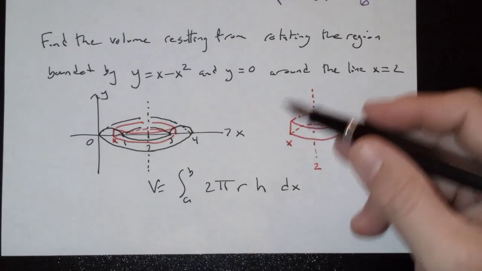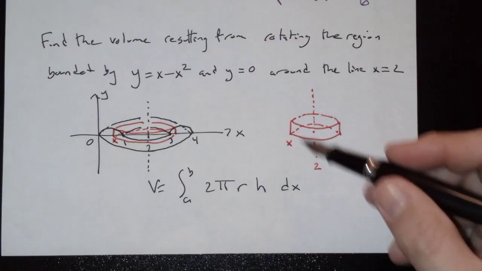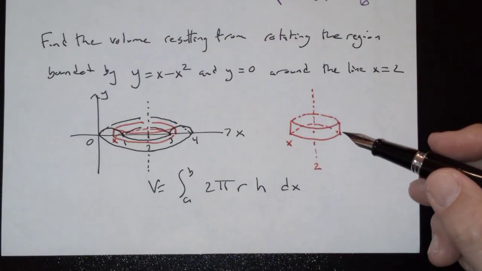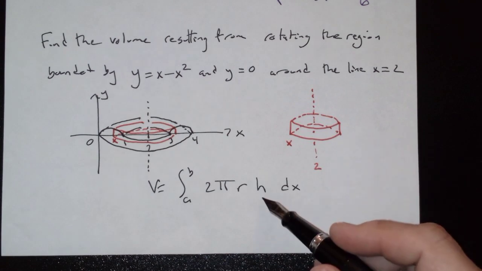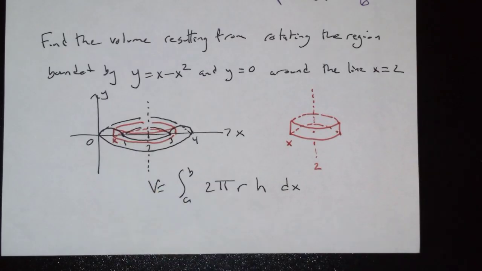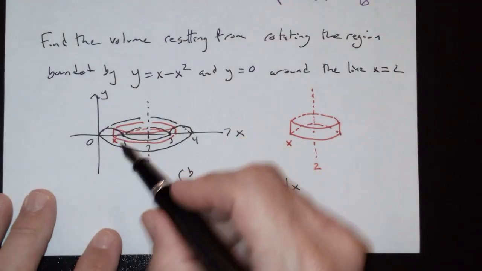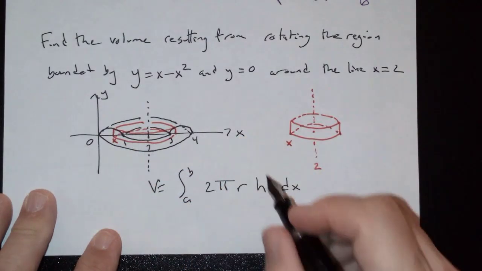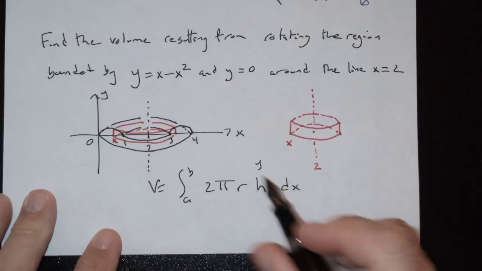Now I go back to my sample cylinder, my little cookie cutter over here, and I say, do I know the height? What is the height over here? X is measured this way, so the height is going to be a y value. The y value is right here.